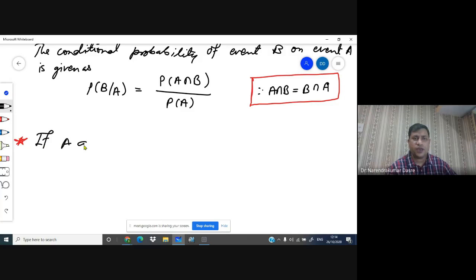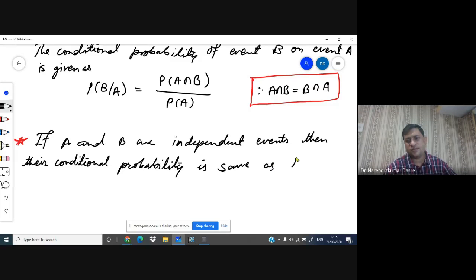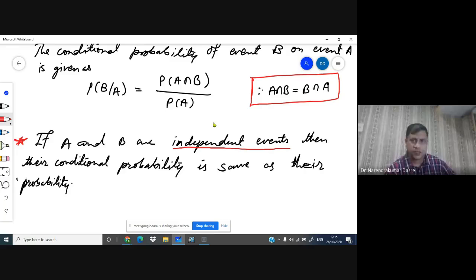If A and B are independent events, then their conditional probability is the same as their probability, or the conditional probability will be the same as their probability.